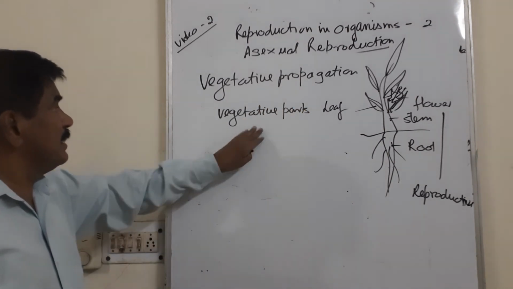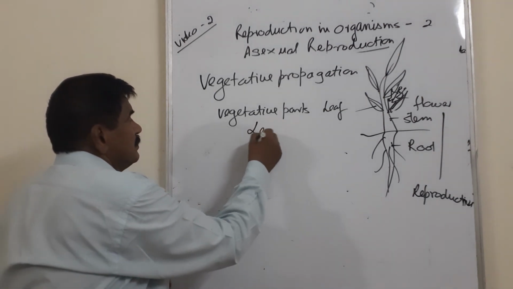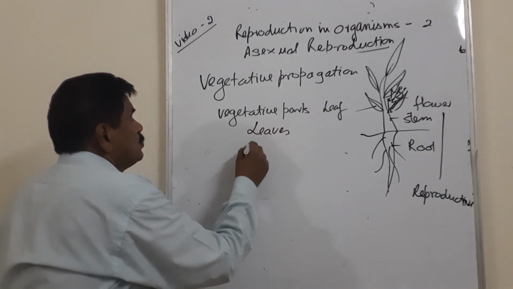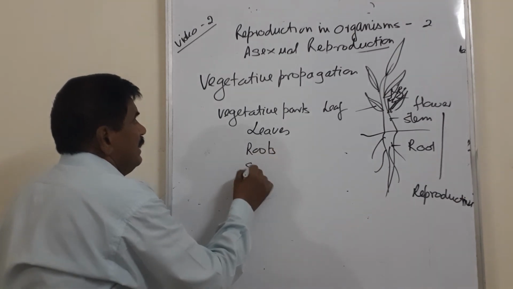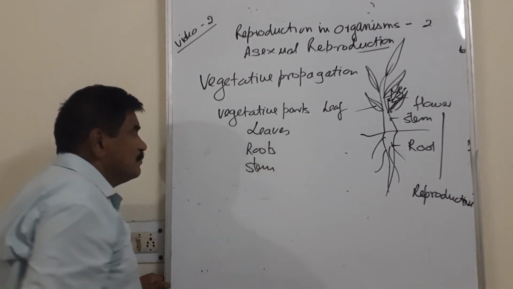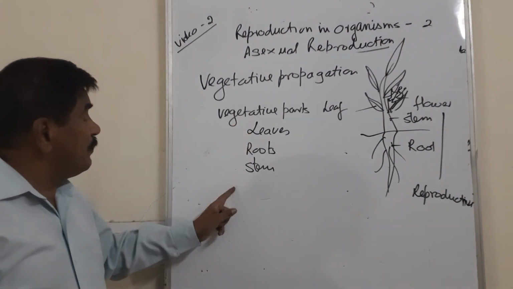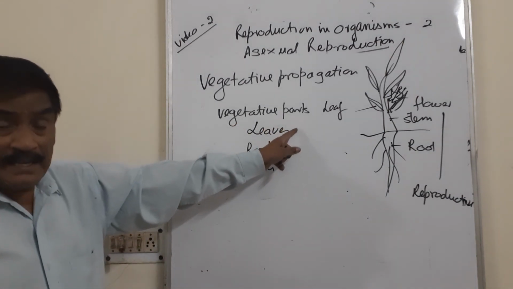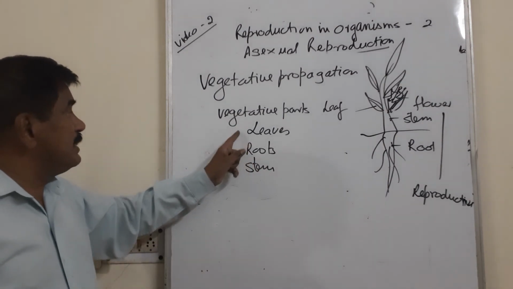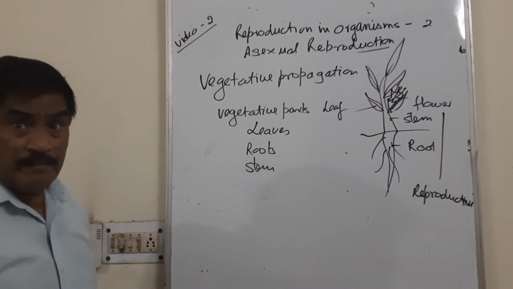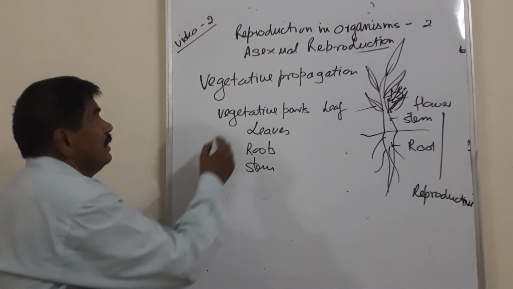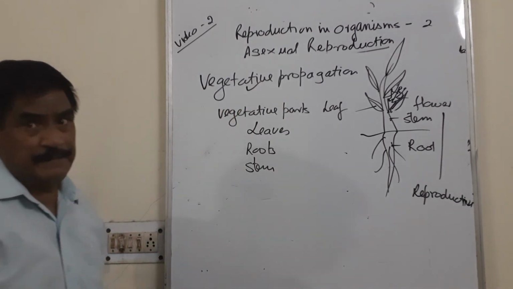That is the leaves, roots, stem, and sometimes vegetative buds are formed. Now, if a new plant is produced from the vegetative part of the plant body, that is called vegetative propagation.